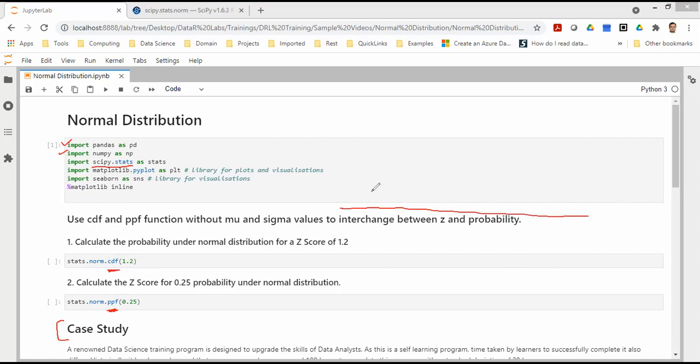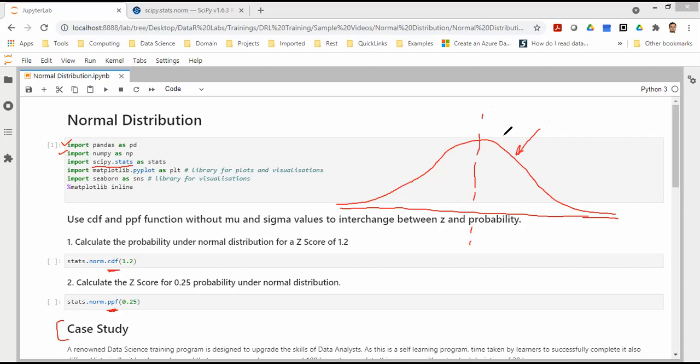So let's say I have this normal distribution, and I want to calculate the probability under this normal distribution given a z-score. So if I have this as mean, and I want to calculate a probability of any event occurring with this kind of a data distribution.